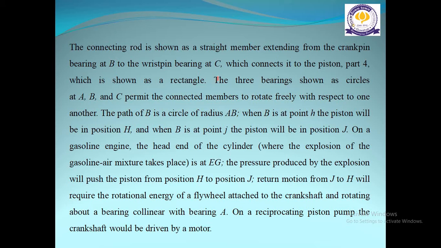The pressure produced by the explosion will push the piston from position H to position J. Return motion from J to H will require the rotational energy of a flywheel attached to the crankshaft and rotating about a bearing collinear with bearing A. On a reciprocating piston pump, the crankshaft would be driven by a motor.